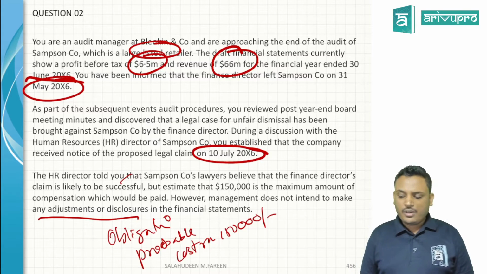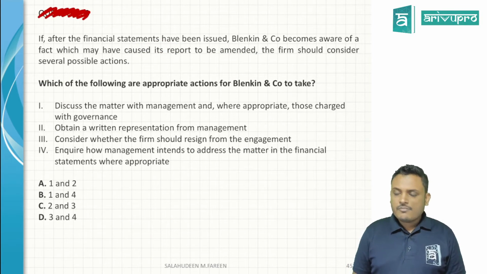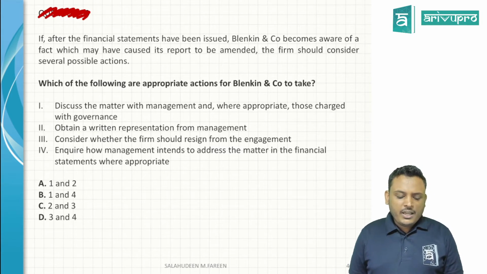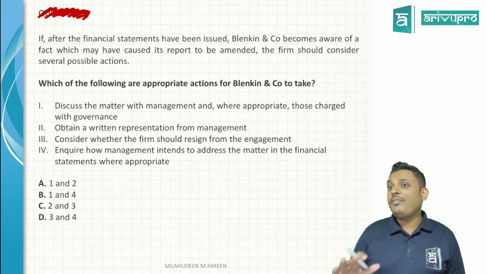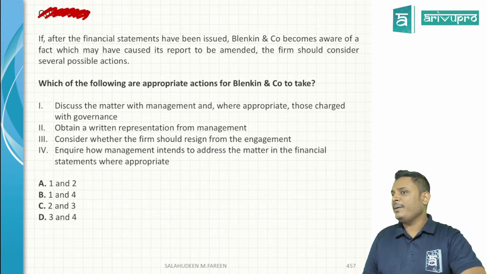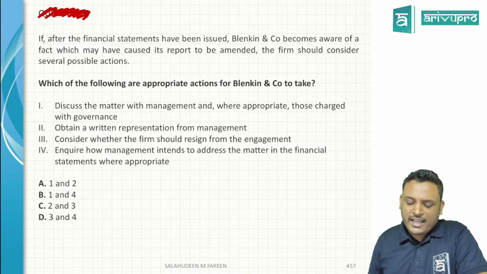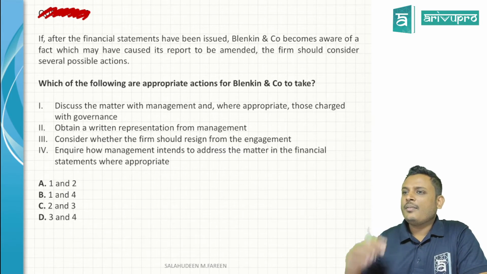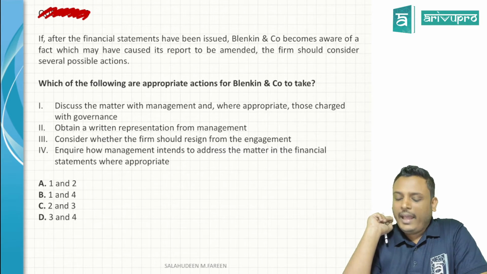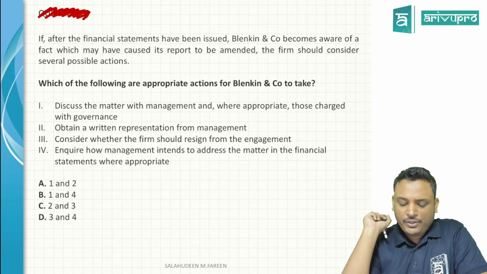Is it an adjusting event or a non-adjusting event? So management is not right. If after the financial statements have been issued to management, concentrate: active duty, passive duty 1 or passive duty 2?